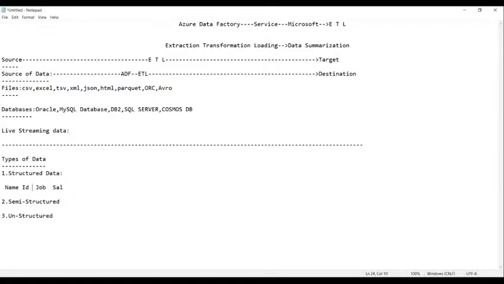Let's fill it up. Name is Alan, here the ID number, job is clerk, and then salary 25,000.